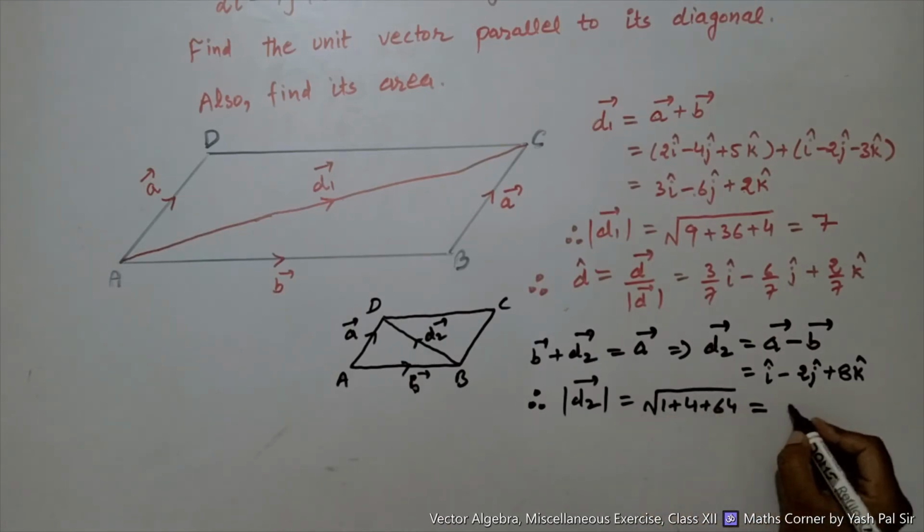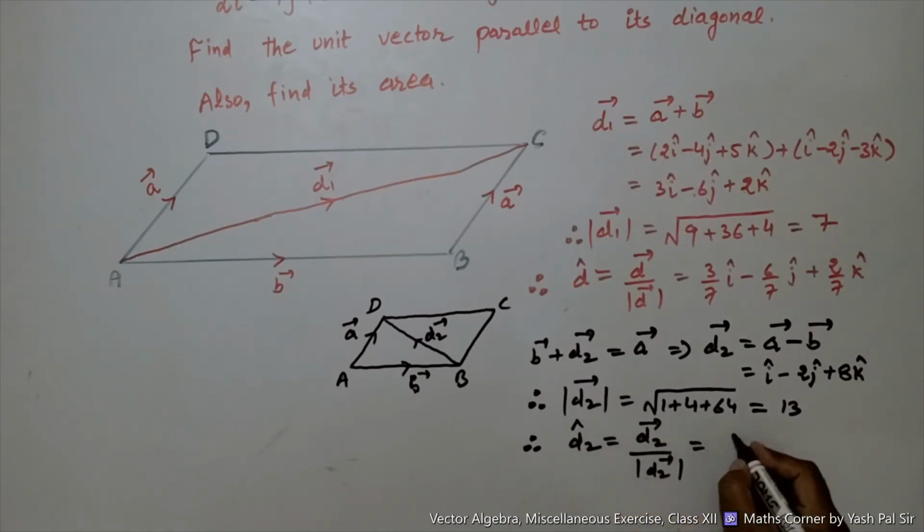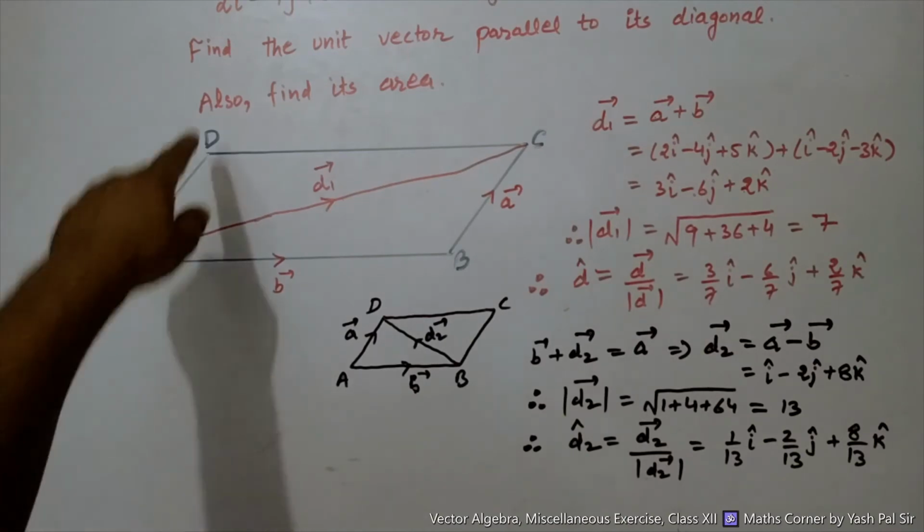This is equal to 69, that means 13. So the required second diagonal unit vector is equal to vector D2 upon magnitude of vector D2, which is equal to 1 upon 13 i cap minus 2 upon 13 j cap plus 8 upon 13 k cap.